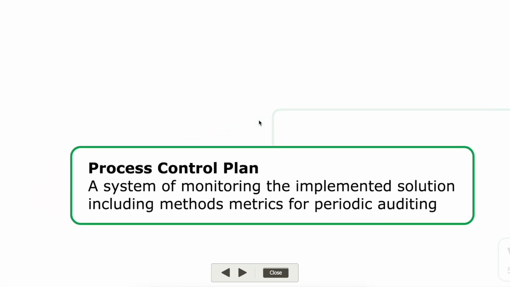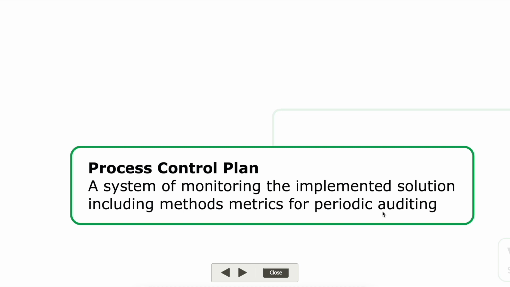So a process control plan is a system of monitoring the implemented solution, including methods and metrics for periodic auditing. Remember the control chart? We monitor the measurements to see if they are going out of the limits or staying close to our target value.